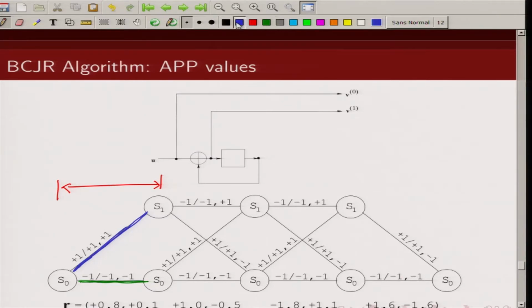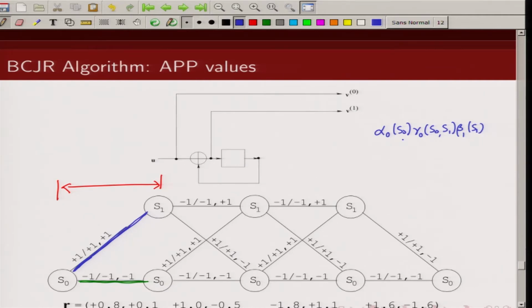Then in the numerator, I will have one term corresponding to this transition, and what would that term be? It will be alpha 0 s 0, then gamma corresponding to this transition, which is gamma 0 s 0 s 1, times beta 1 s 1.